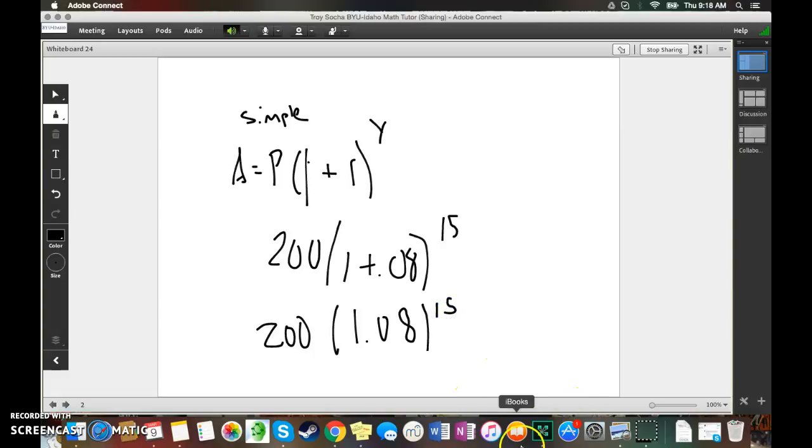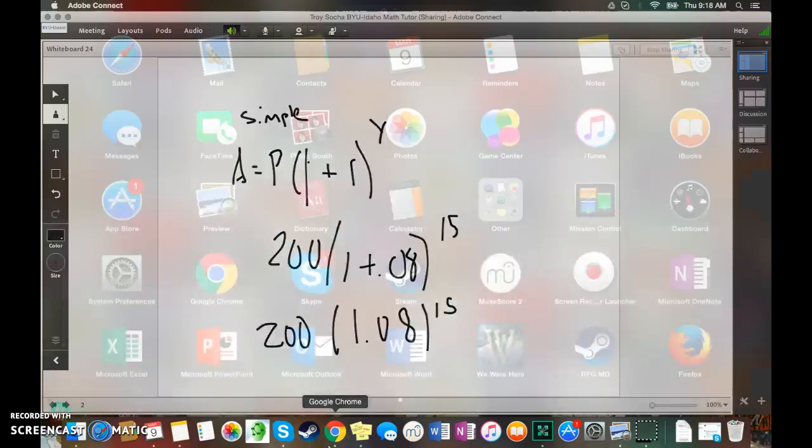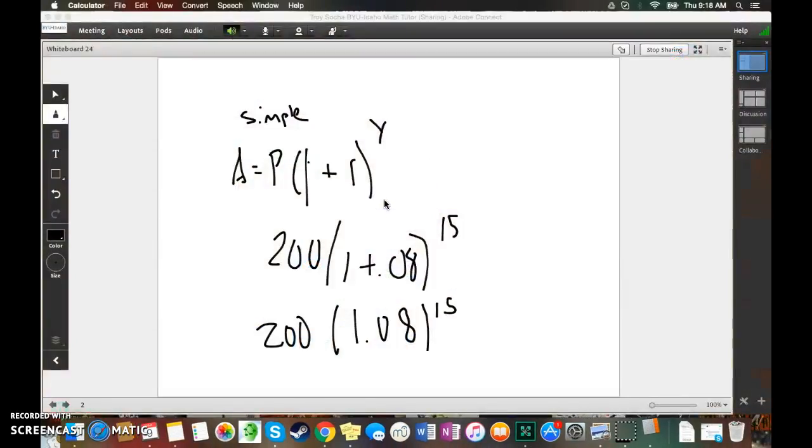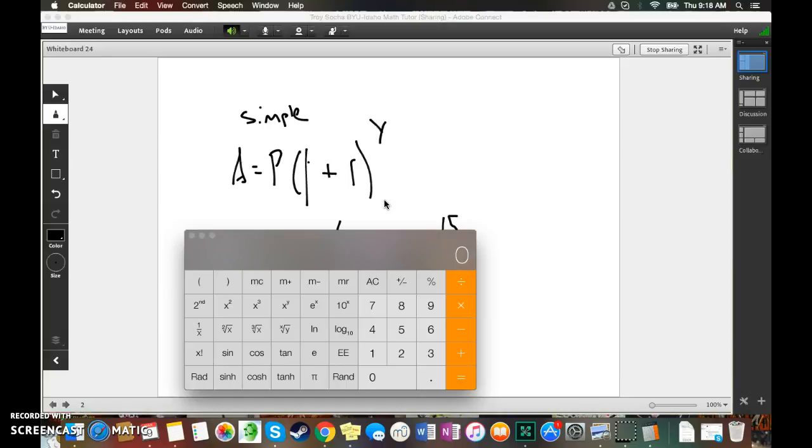Now if we take this, it's going to be 1.08, so let me pull up my calculator. It's going to be 1.08 to the 15.